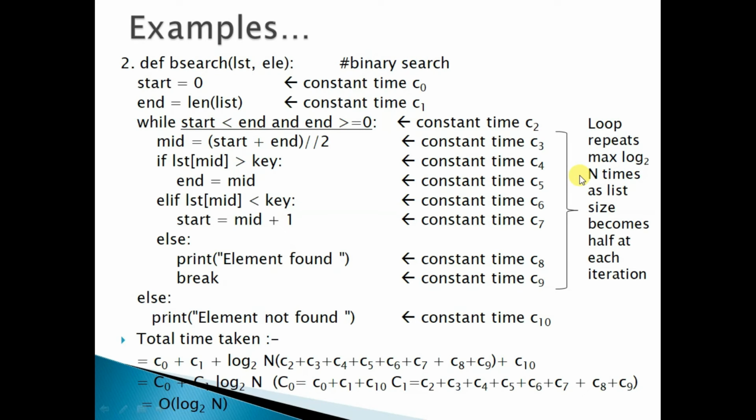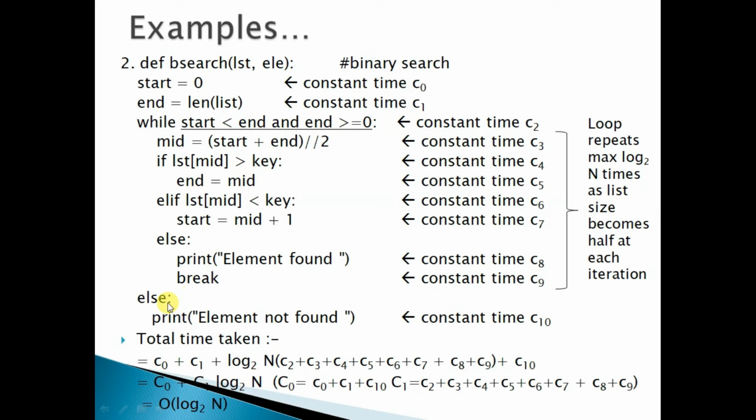Why so? I have already told you that at each step the size of the data is divided by 2, okay. So the size becomes half at each iteration. That's why it will run log n base 2 times, okay.